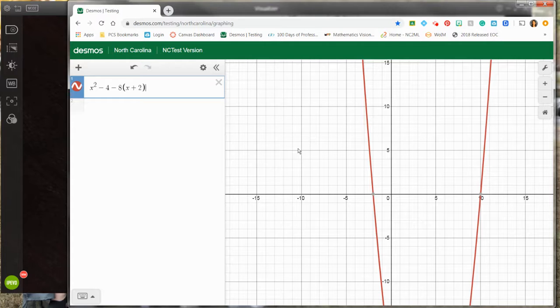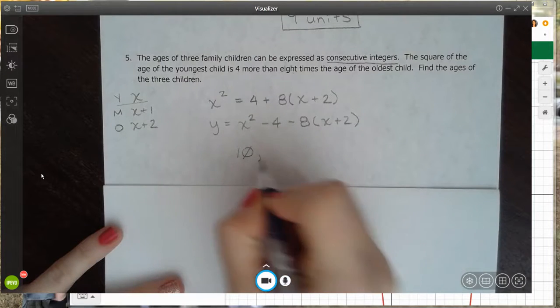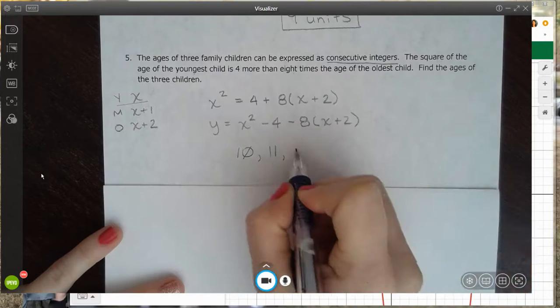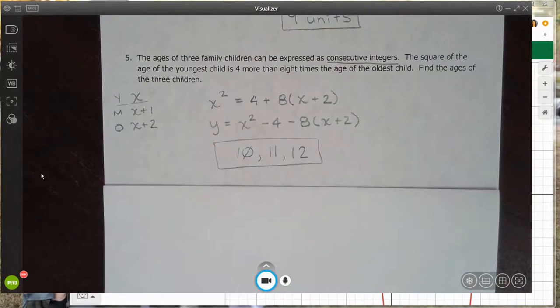We could be looking for the y-intercept or the vertex or the axis of symmetry value or a specific height or a specific time. But in these cases, we're always looking for a root. So in this case, the youngest will be 10. The next one will be 11. And the last one will be 12. So those are the ages of the kids.